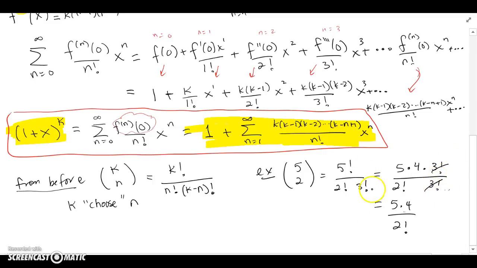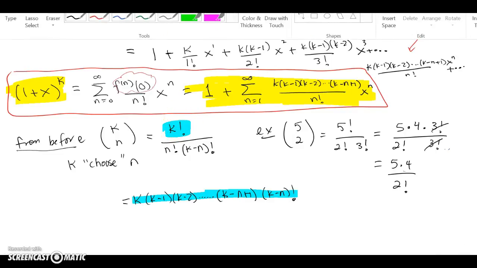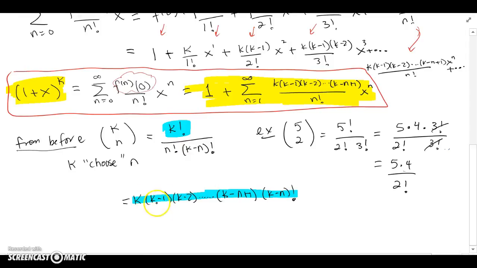So using this idea, let's go replace that to represent it like this. I'm going to take this guy and say it's k, k minus 1, k minus 2, dot, dot, dot, all the way up to k minus n plus 1, and then I will have k minus n and pick up the rest. So all I did was I rewrote this guy as its sort of factorial version, opened up all the way, but not quite all the way.